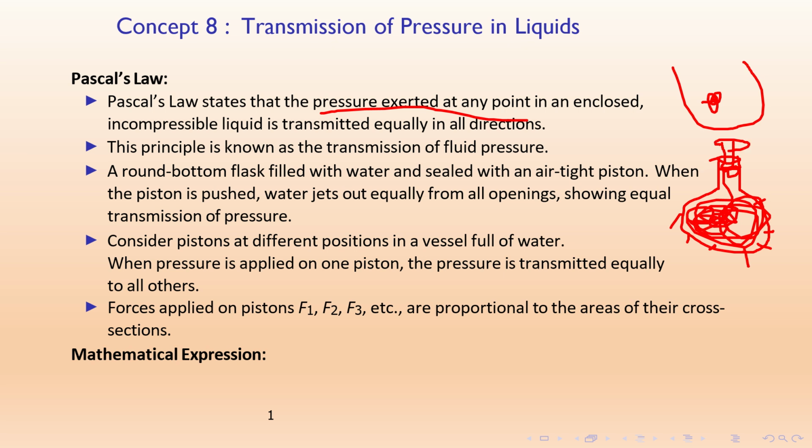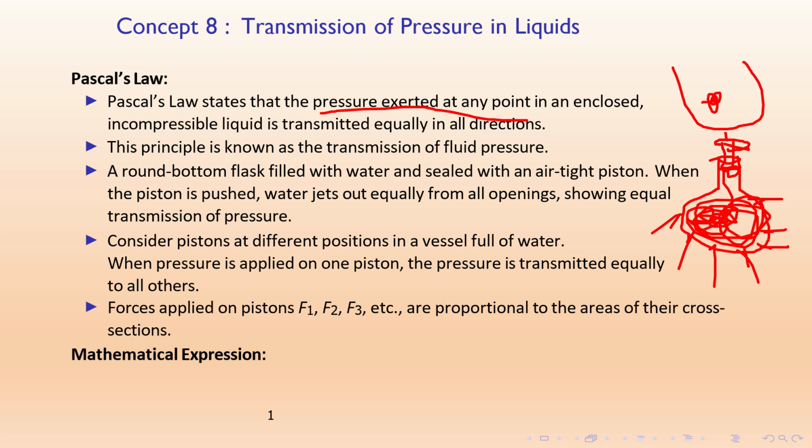And when you apply some force on this piston tightly, then the liquid will move from all the holes equally at a time. So this shows that the pressure is transmitted equally in all directions.